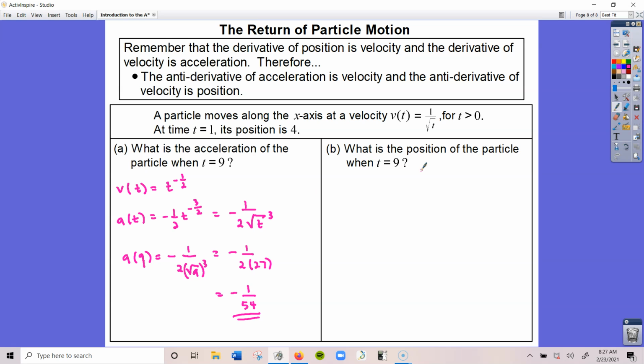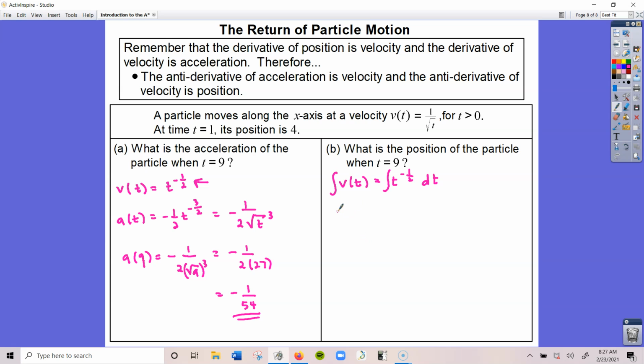Now for part B, we are trying to find the position of the particle when t is equal to 9. So we have here again our velocity equation, which we wrote as v of t is equal to t to the negative 1/2. Since we're trying to find position, we would have to integrate because we're going backwards. So v of t is equal to t to the negative 1/2. I'm going to integrate both sides, and don't forget to include that variable of integration, so dt.